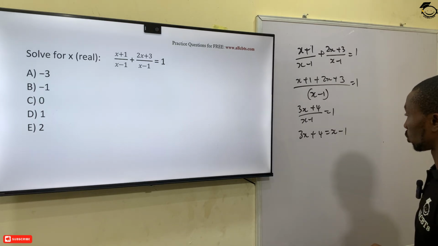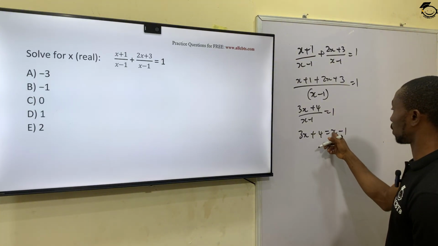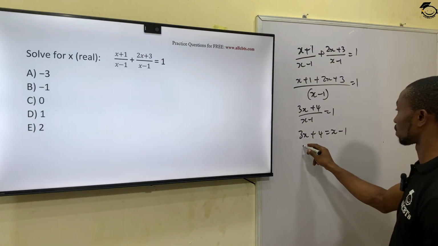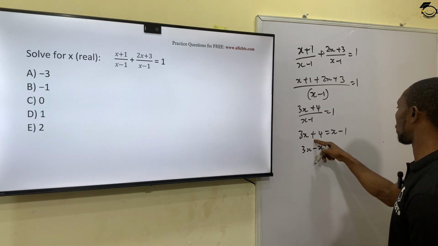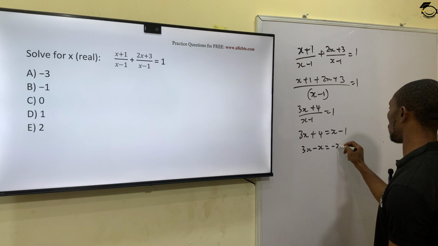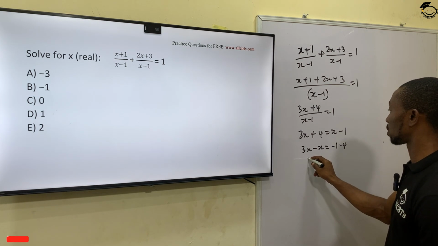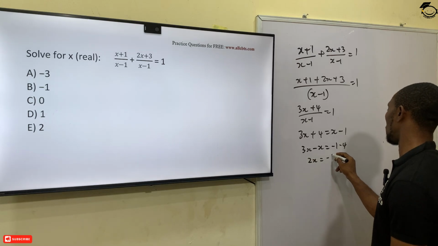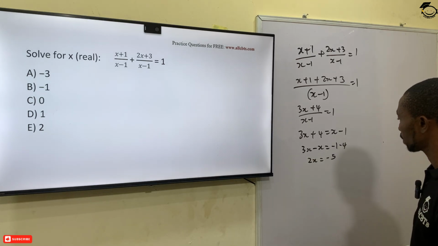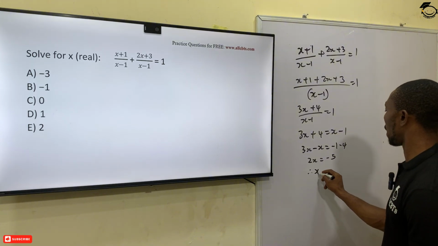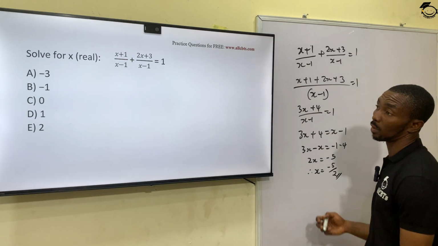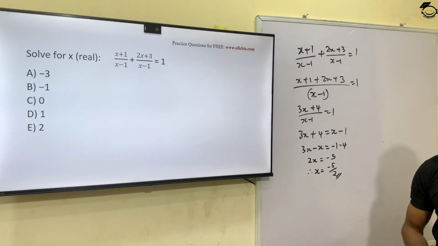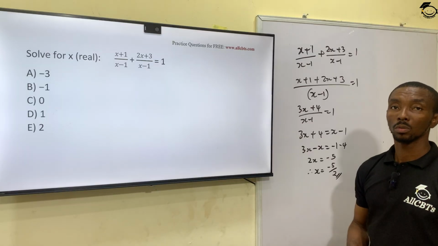From here, we'll collect like terms. Negative crossing becomes 3x minus x equals, positive crossing becomes minus 1 minus 4. So this gives us 2x equals minus 5. Therefore, our x equals minus 5 over 2. So this forms the value of our x, minus 5 over 2.